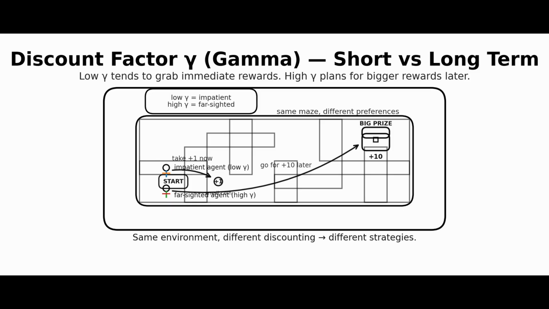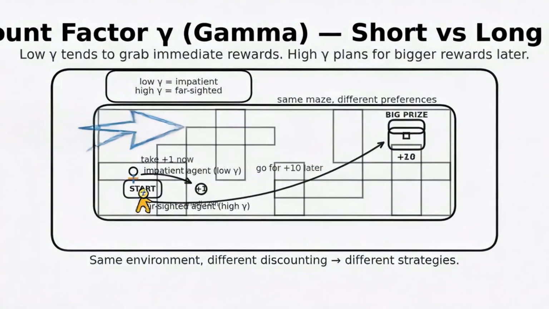In a game, low gamma agents might chase small points right away. High gamma agents might learn to position themselves for bigger rewards later. So gamma is basically the knob that says, how much do we care about the distant future?